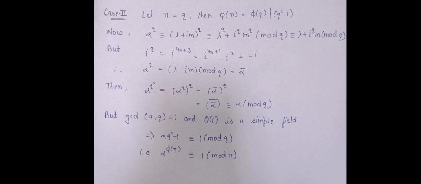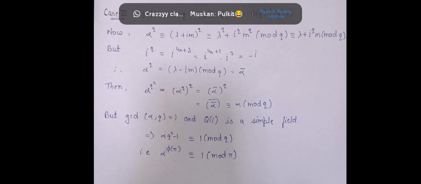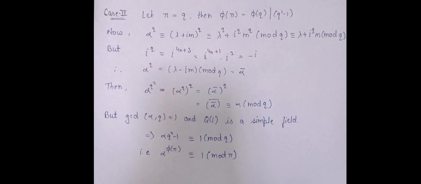Then φ(π) = φ(q) divides q² - 1. Now α^q ≡ (λ + im)^q ≡ λ^q + i^q m^q mod q ≡ λ + i^q m mod q.